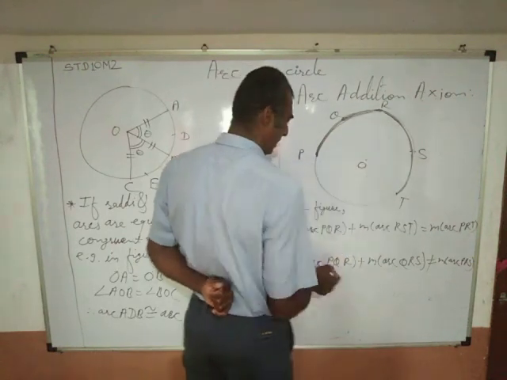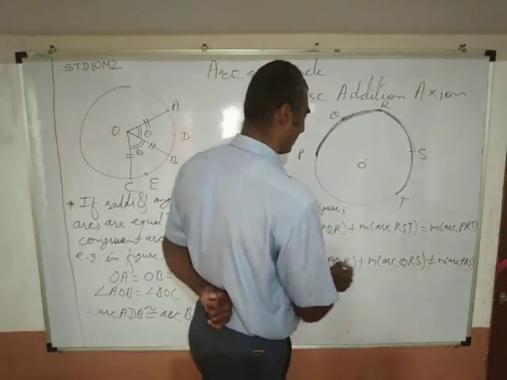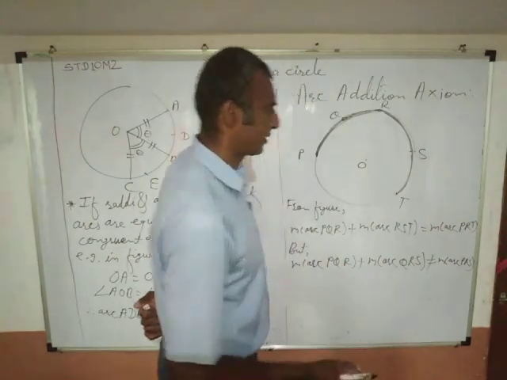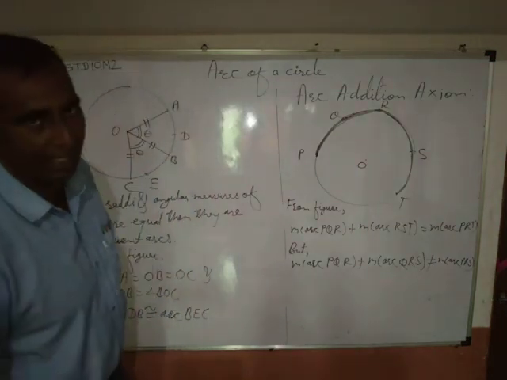That's why measure of arc PQR plus measure of arc QRS is not equal to measure of arc PRS.